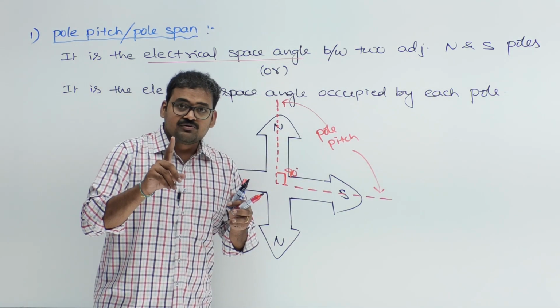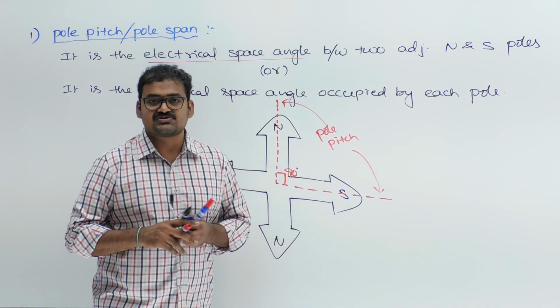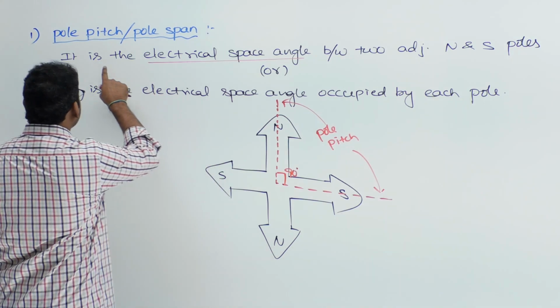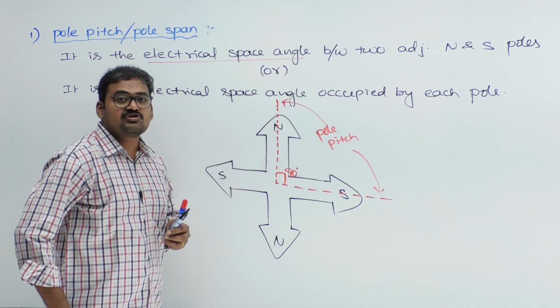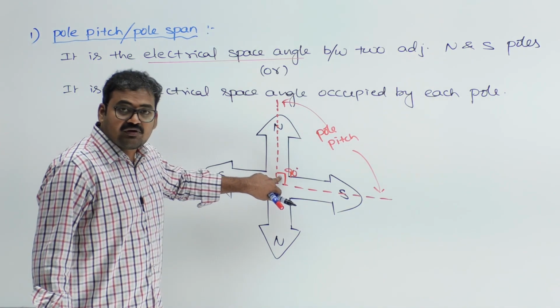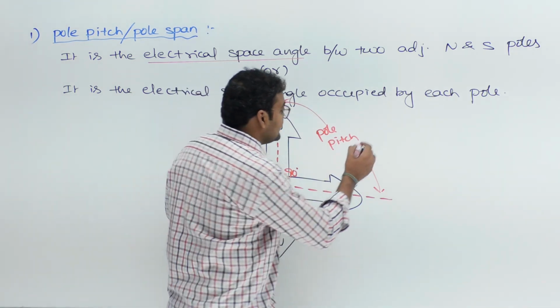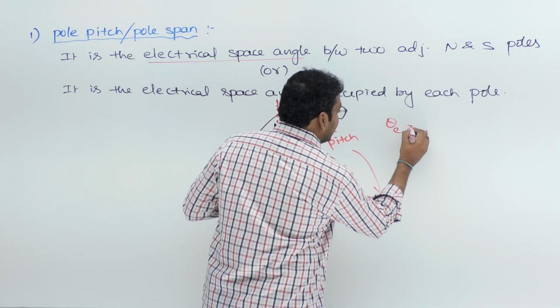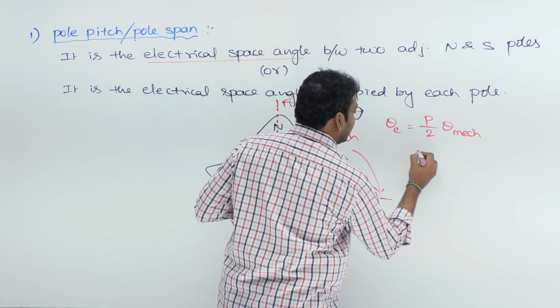But as I told you, mathematically we have to express everything in electrical degrees only. That is why I wrote that it is the electrical space angle between two adjacent north and south poles. Even though the mechanical angle is 90 degrees, what will be the electrical angle? The relation is that electrical angle is always equal to P by 2 times the mechanical angle.